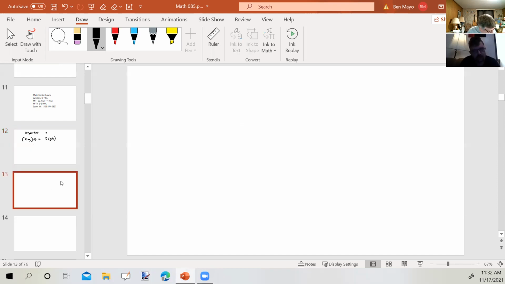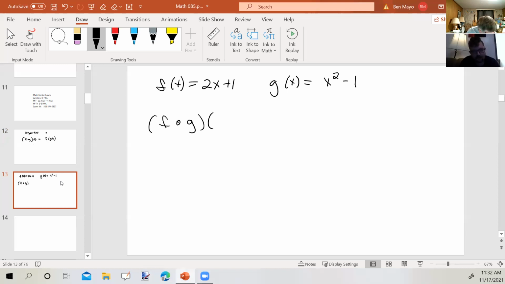All right, so suppose we have f of x equals 2x plus 1, and g of x equals x squared minus 1. And we want to find the following: f composed with g of 2. So what that means is we want to evaluate f of g of 2. So first of all, let's find g of 2.